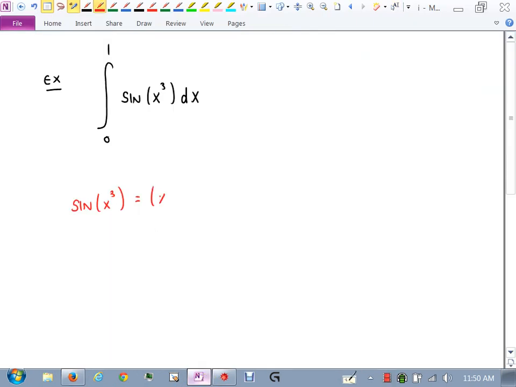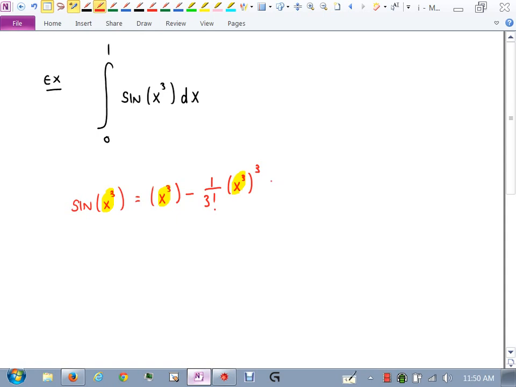The next term will be minus 1/3 factorial times x to the third, but our x is x cubed, so this is x cubed to the third. Do y'all see that? Everything highlighted here is where the x was in the formula.